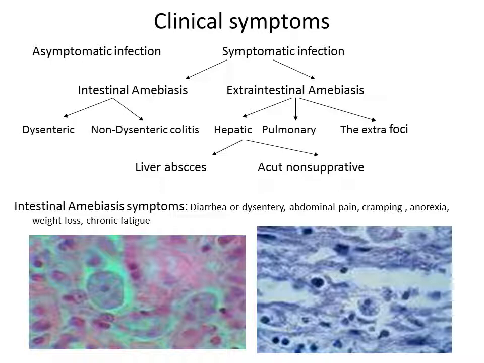Intestinal amebiasis has two stages, dysenteric or non-dysenteric colitis. Extra-intestinal amebiasis has hepatic or pulmonary forms, which cause liver abscess and acute non-suppurative disease.